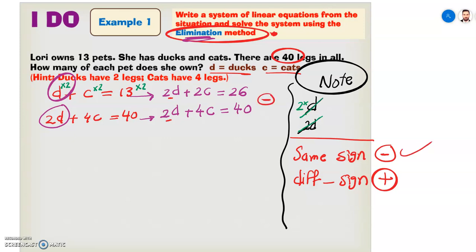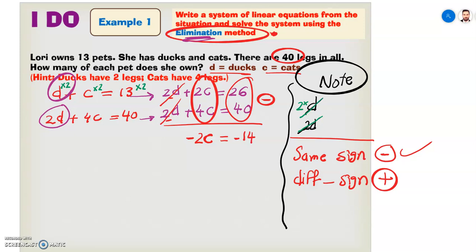So I will do the subtraction operation. If I do the subtraction operation, I will delete 2D with 2D. Let's do 2 minus 4 and 26 minus 40. Here, 2 minus 4 equals negative 2. 2 minus 4, I'm not saying 4 minus 2, it's 2 minus 4. 26 minus 40, the small number minus the bigger number, so it's negative 14.